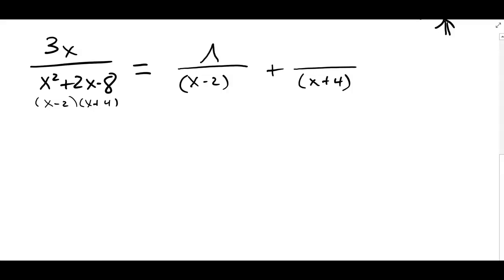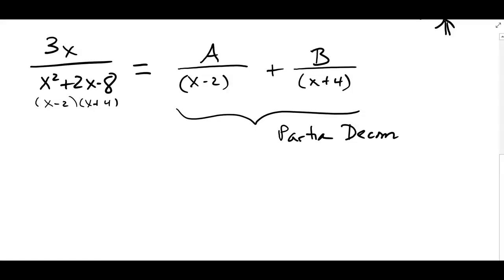And then we're going to have something over x minus 2 plus something over x plus 4. What we need to figure out is what those somethings are. This part here is called the partial decomposition.